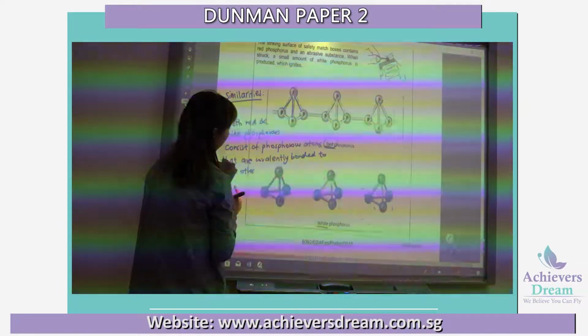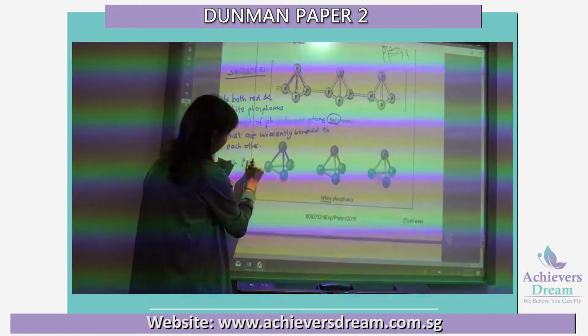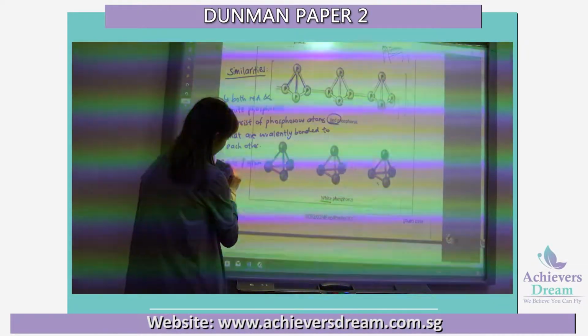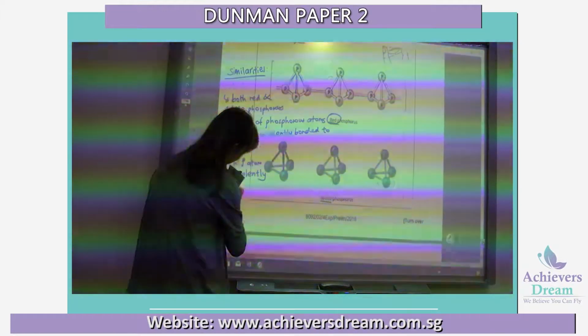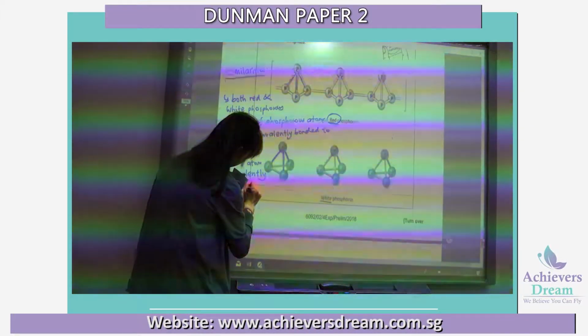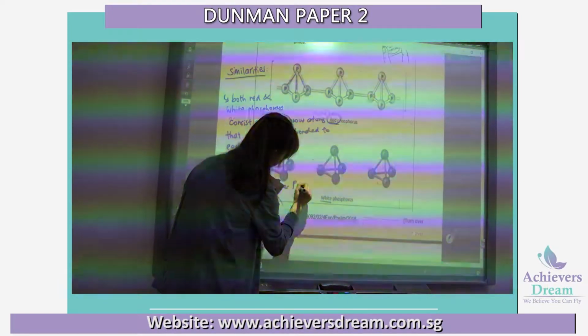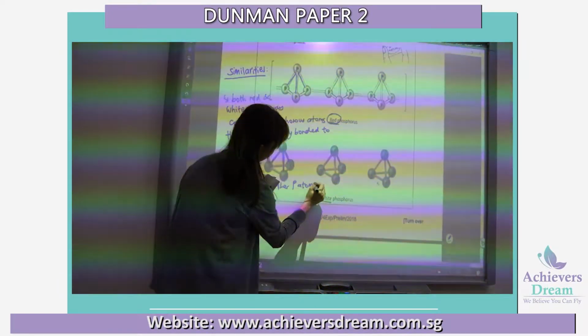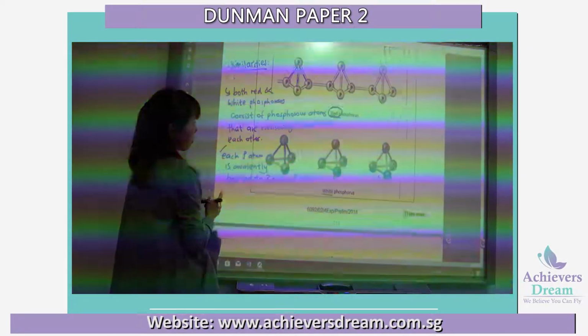Or if you want to be more detailed, right, you can say that each phosphorus atom is covalently bonded to 3 other phosphorus atoms. I'll prefer this answer because it's more detailed.